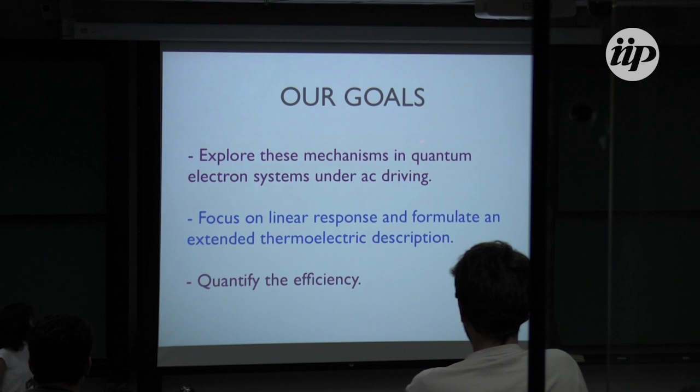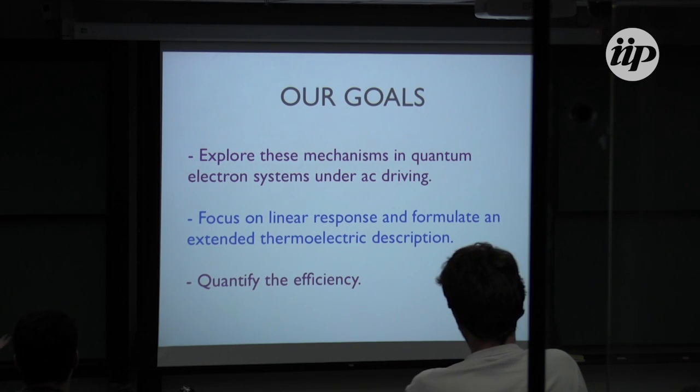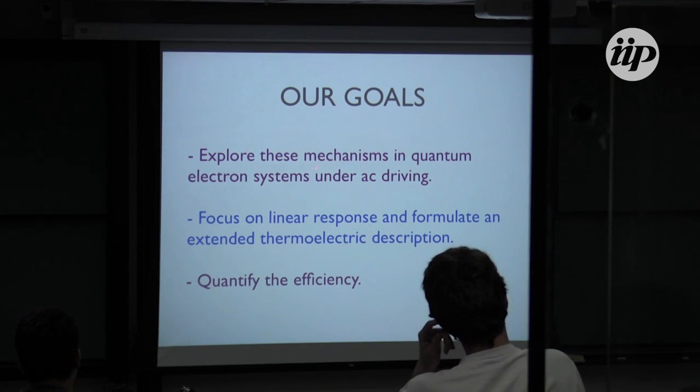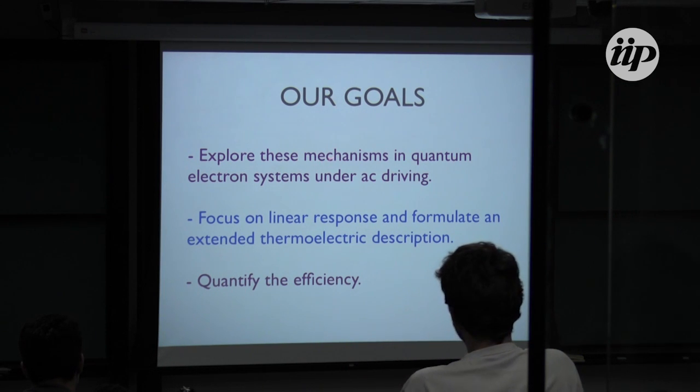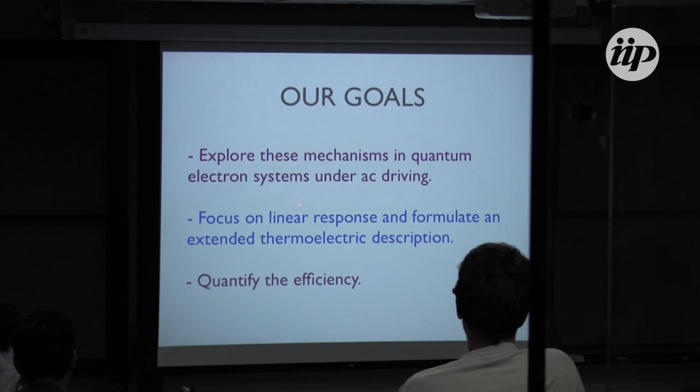So our goal now is to explore precisely these operational modes, but with electrons, with quantum electrons under AC driving. The idea is to extend the previous formulation of the thermoelectrical theory and to propose an appropriate way to quantify the efficiency of these devices.